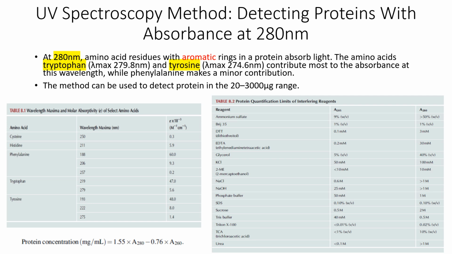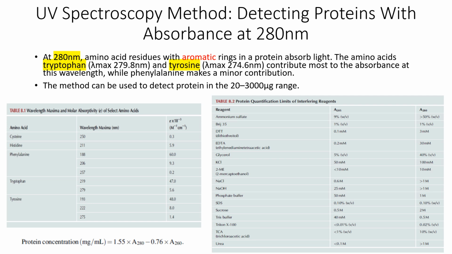So this includes tryptophan and tyrosine, these two contribute the most absorbance at this wavelength, and phenylalanine also contributes to the absorbance at this wavelength. The advantages of using absorbance at 280 are that the method is fast, easy, automatic, and reasonably sensitive. Furthermore, this method does not destroy protein.